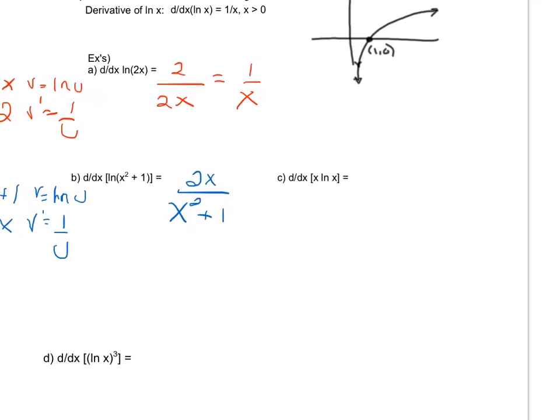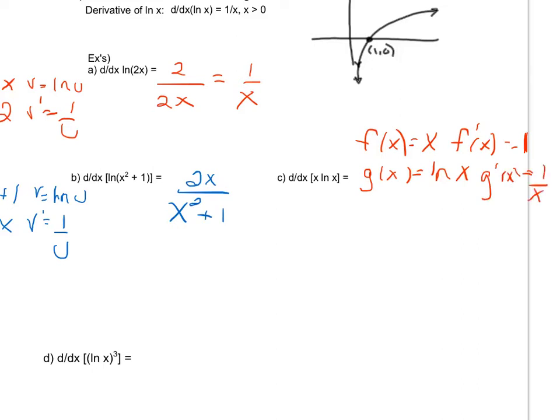On letter C, notice that I have the derivative of x times ln of x, which prompts me to use my product rule. So I'm going to say my first function is x, and the derivative of my first function is 1. My second function is ln of x, and the derivative of my second function is then 1 over x. Remember, the product rule tells me to take the derivative of the first times the second plus the derivative of the second times the first.